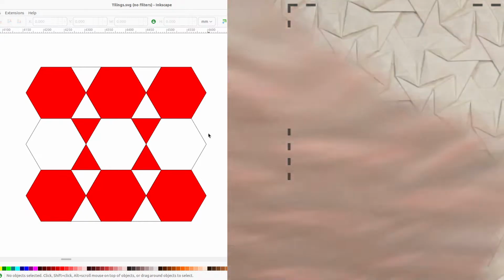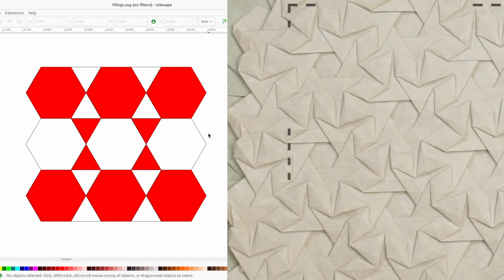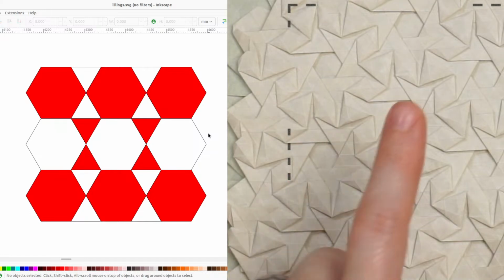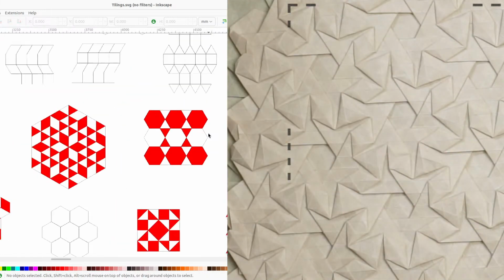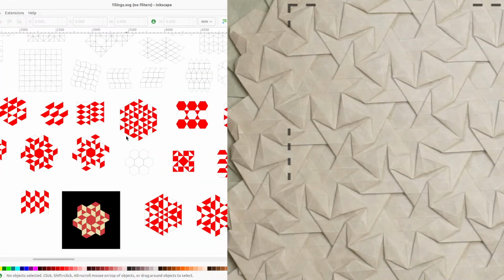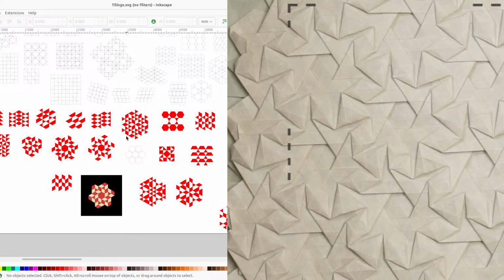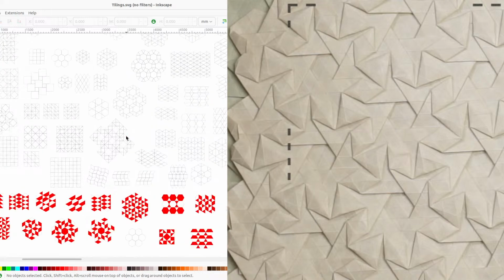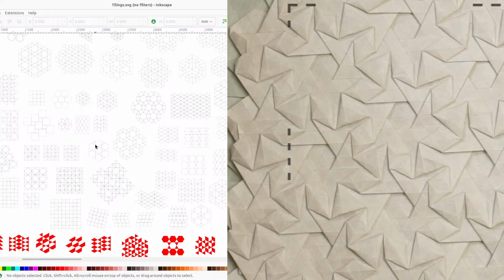So continuing onwards, this tessellation is in a tiling that was one of the early ways of using rhombus twists alongside hexagons and triangles.